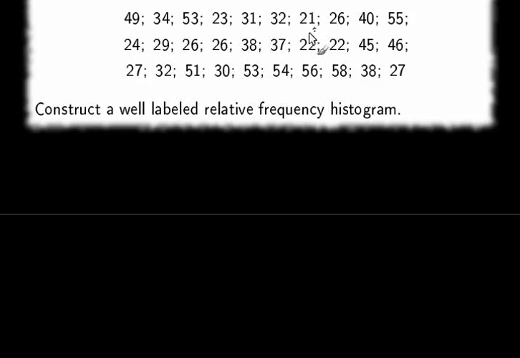A quick scan of the data turns up 21 for the minimum. I don't see any numbers less than that, and it looks like 58 is the maximum. I don't see anything greater than 58 here. So all the data are between 21 and 58.